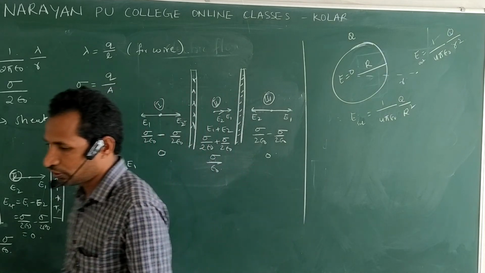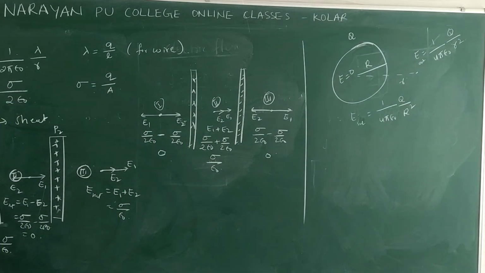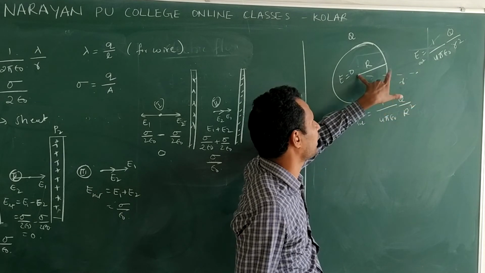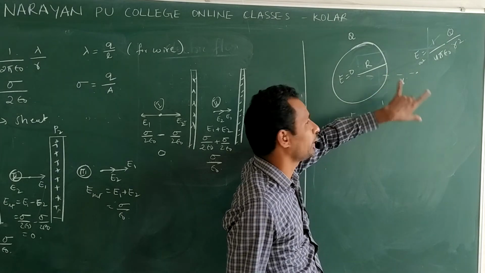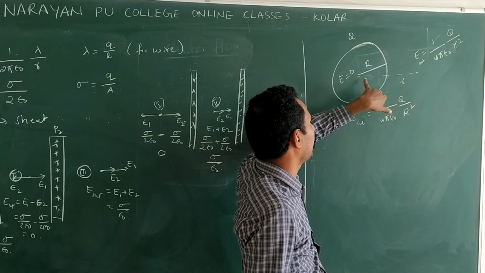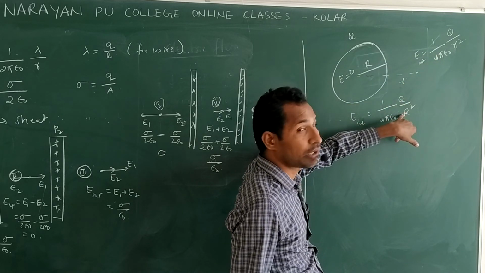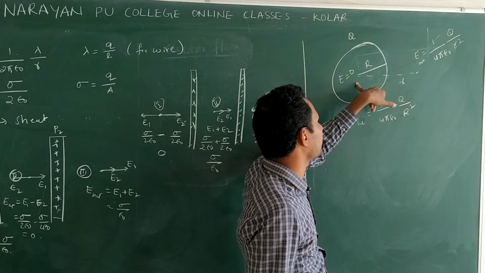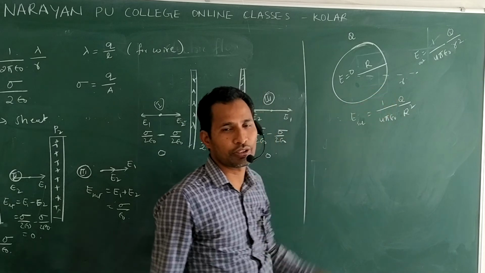Remember this point. Outside means this r is taken not from the surface but from the center of the sphere. Outside, 1 by 4 pi epsilon naught q by r square, and on the surface, q by capital R square, because the radius r becomes capital R, and inside the electric field is 0.